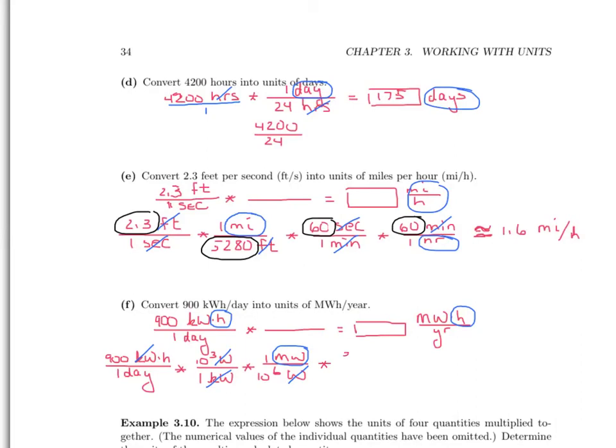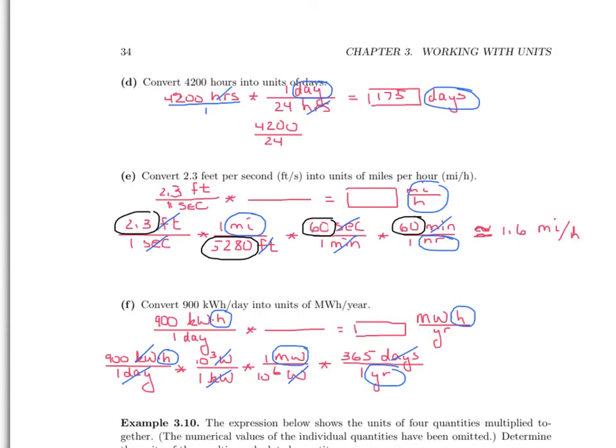I'm going to put the 365 days in the numerator because days occurs in the denominator at the beginning of this calculation, and I know I want to cancel out the days, so I want days in the numerator, days in the denominator, so that they can be canceled. This leaves us with years. So when we're all done, we've got hours and megawatts in the numerator over years in the denominator, which is precisely what we wanted back here.